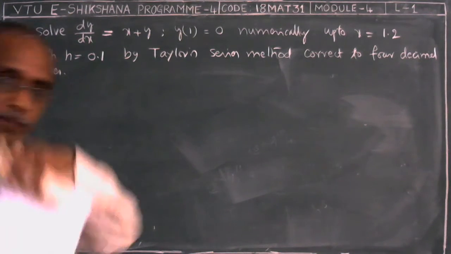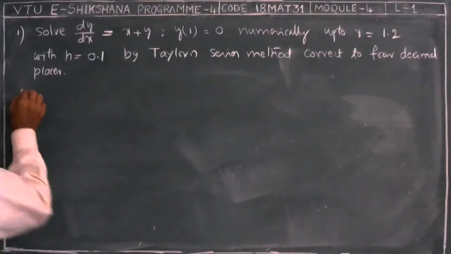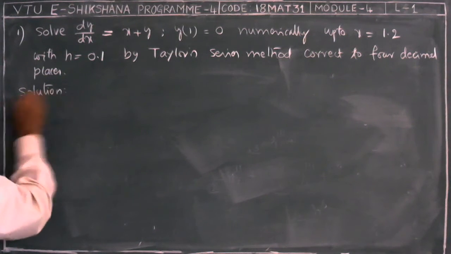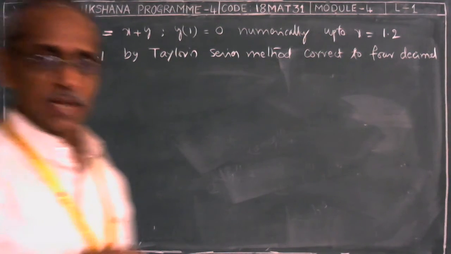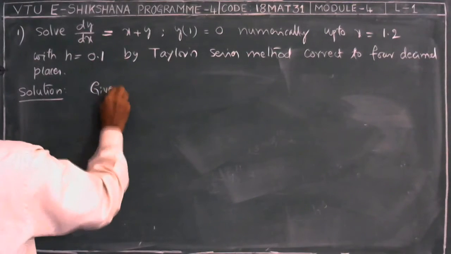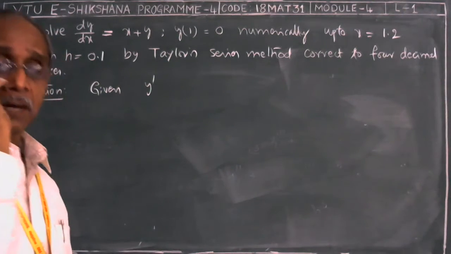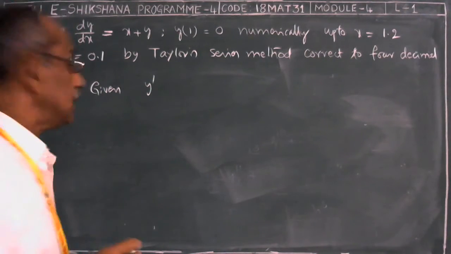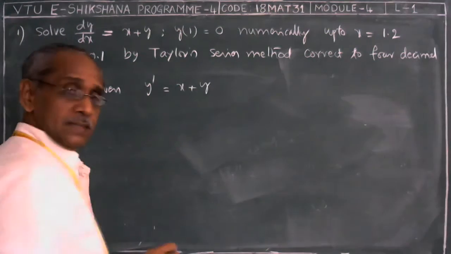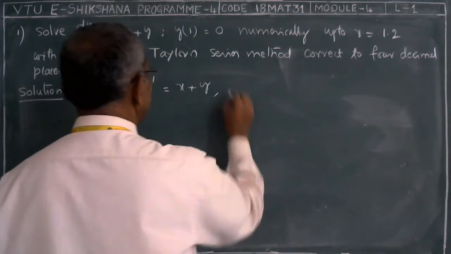This is the problem. First, let me write down in the solution part what is given and what is to be done. So, given a differential equation, I can write y dash in place of dy by dx. So y dash is equal to x plus y. This is given. Then h is given.